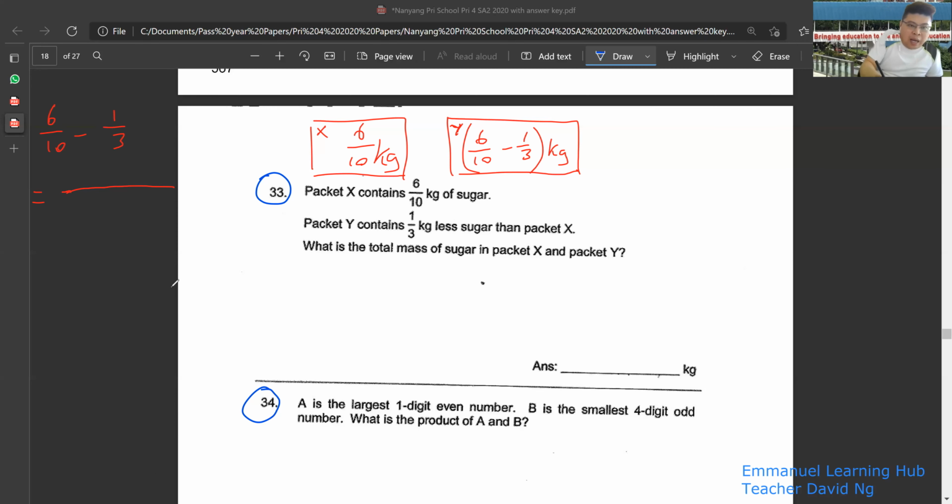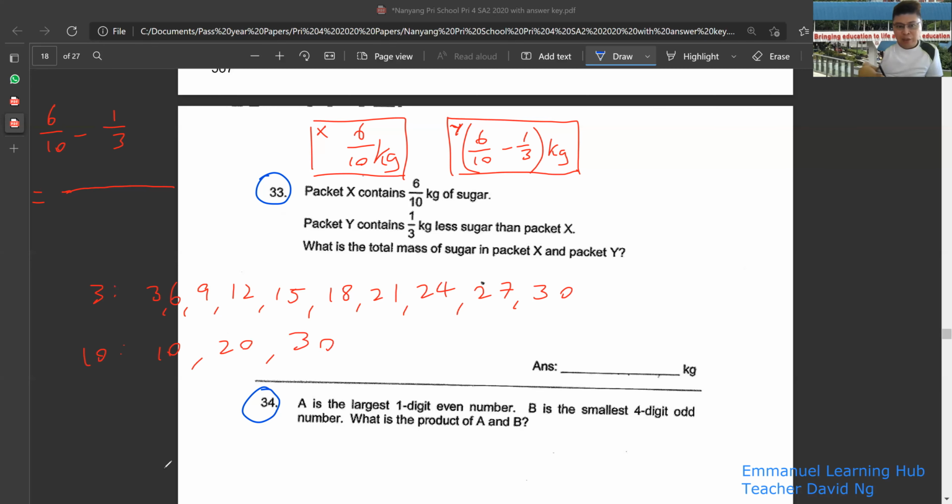Okay, I show you the long-winded way to find the lowest common multiple. This is the long way.